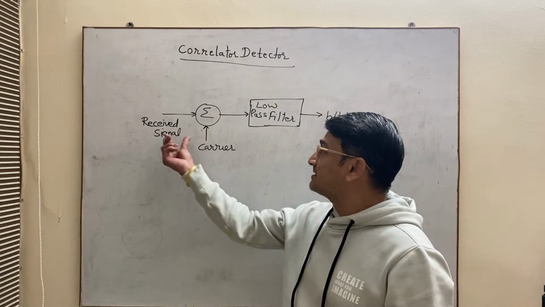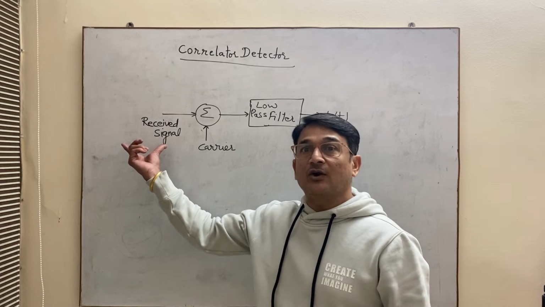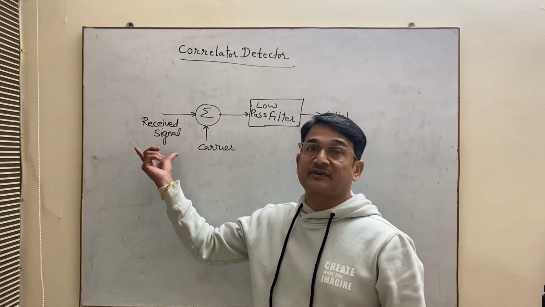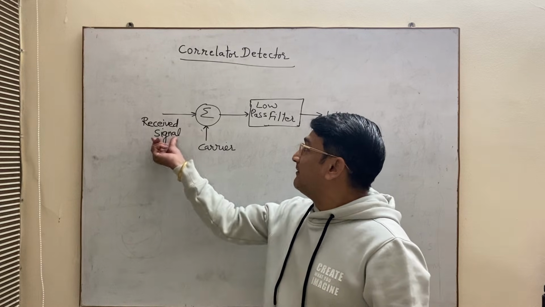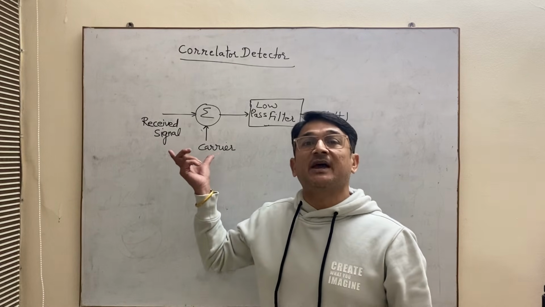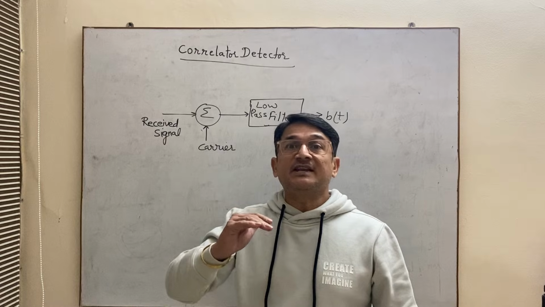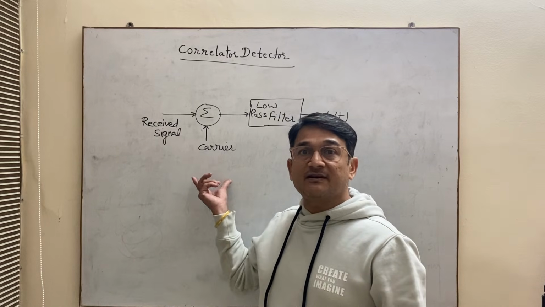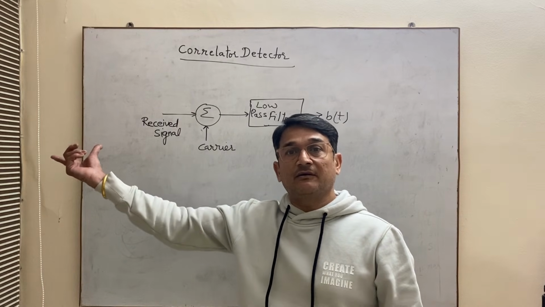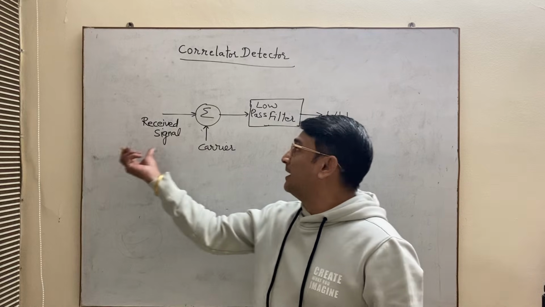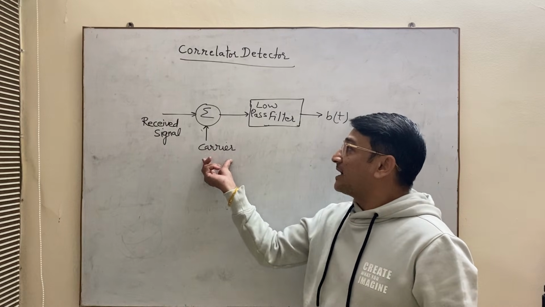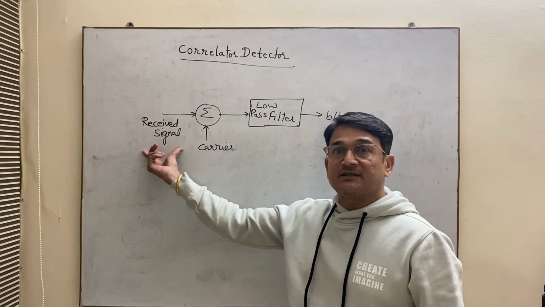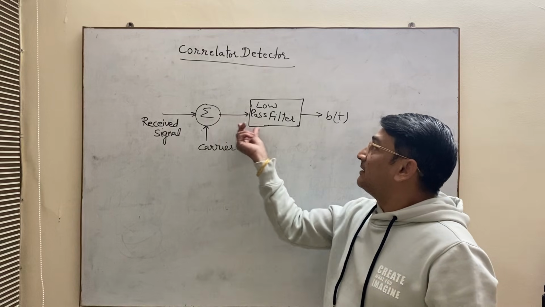In all the techniques, whatever modulated signal you have transmitted from the transmitter will be demodulated with the help of the same carrier signal. So it is very essential that you generate the same carrier signal which you used at the transmitting end.